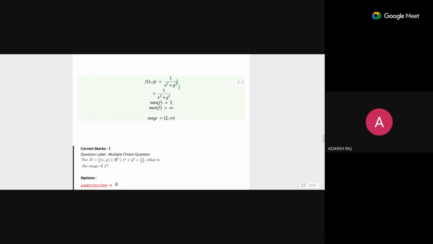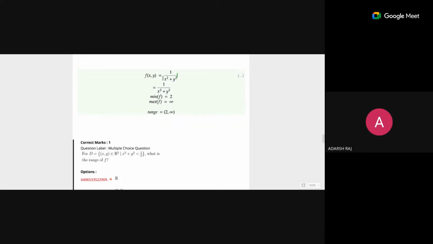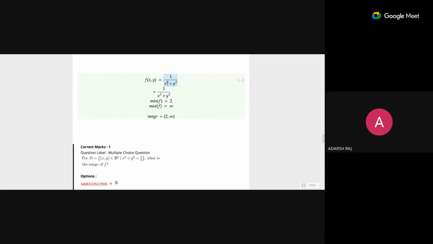What is the minimum value of this function? For finding the minimum value, we take the maximum value of x square plus y square, which is 1 by 2. We put 1 by 2 here and we get 2. So this is the minimum value we get.